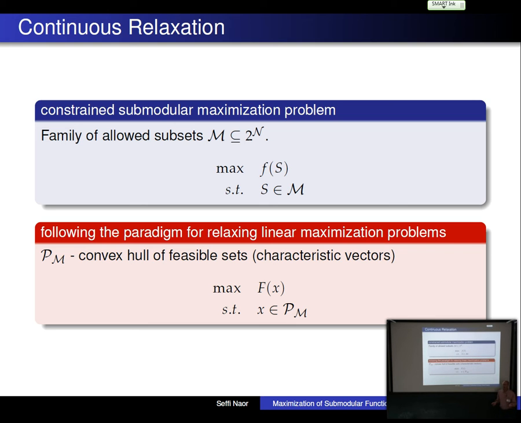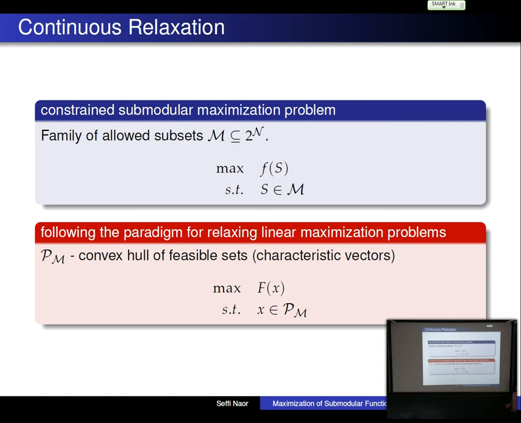So first we relax the problem. Let's follow the paradigm of what we do when we want to approximate a linear function.